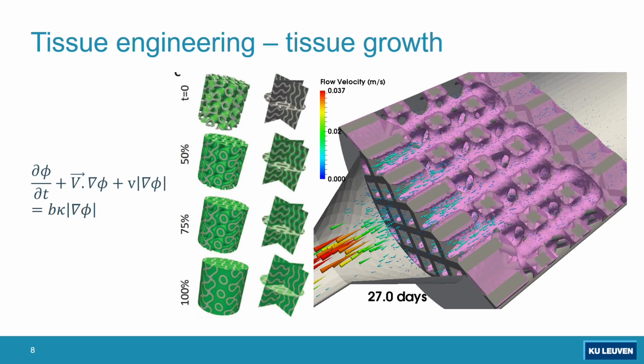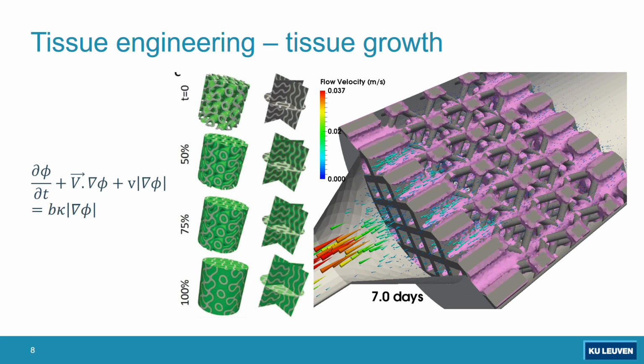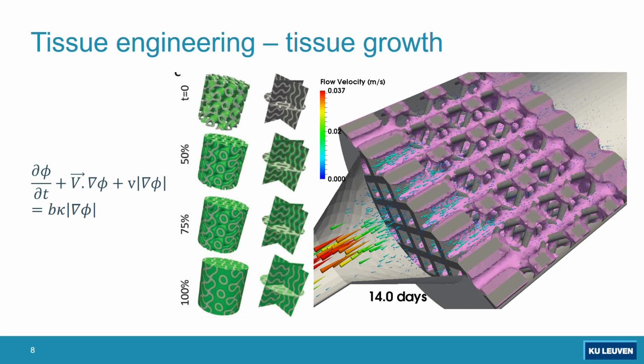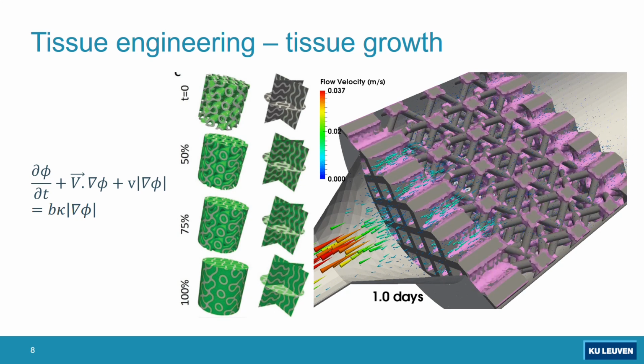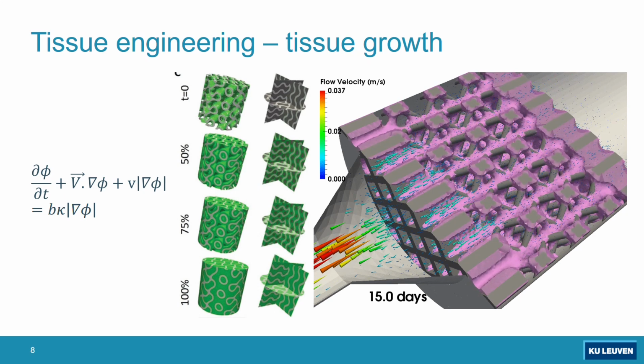In this case it is inside a perfusion bioreactor, but it can also be outside of that. As you can see in the middle, over time we want to see how cells grow and how new tissue is formed on a gyroid scaffold. The equation is what you see on the left. We solve this equation and we get these results.